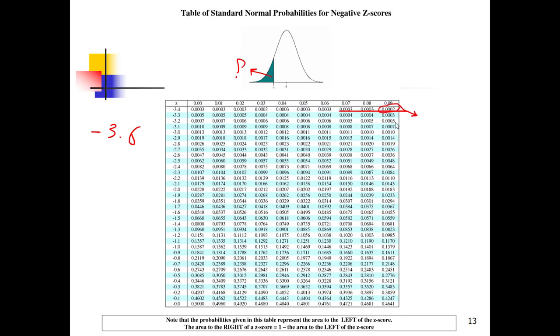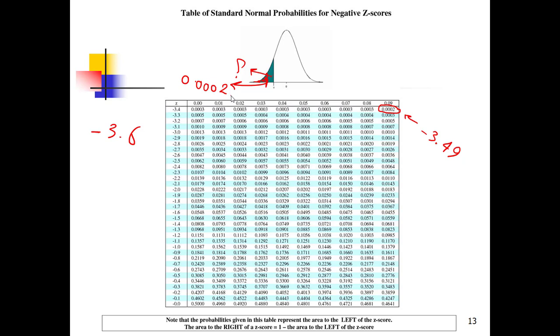So for z of minus 3.49, the area on the left is 0.0002. It's a very small area. So for minus 3.6, which is somewhere here, the area is even smaller than this one. It's almost 0.